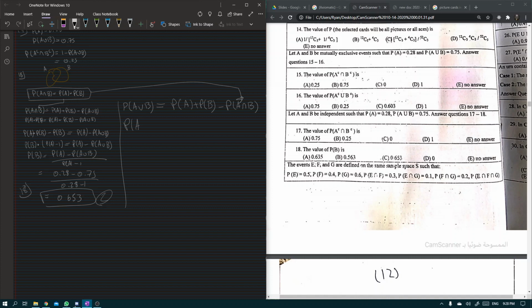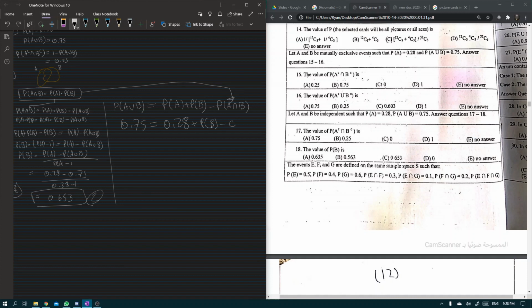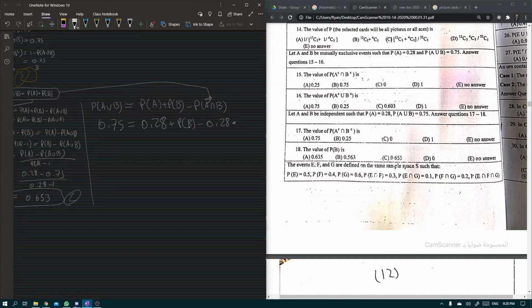Probability of A union B is 0.75, equal to probability of A, 0.28, plus probability of B minus probability of A intersection B, which is probability of A, 0.28, times the probability of B.